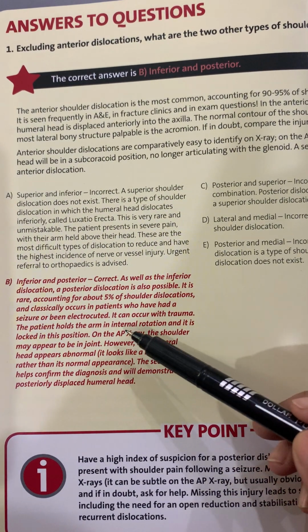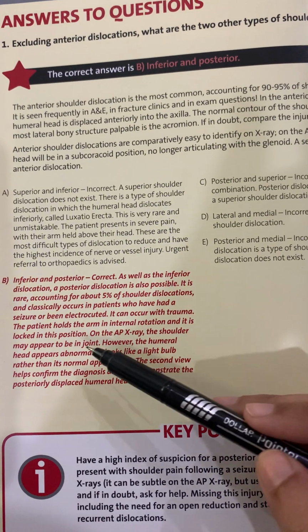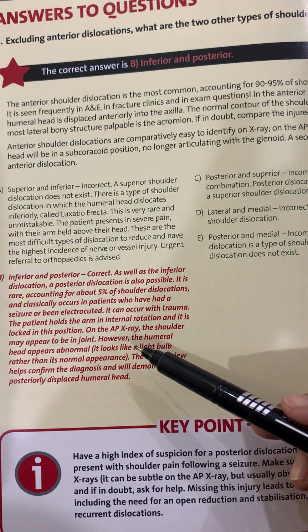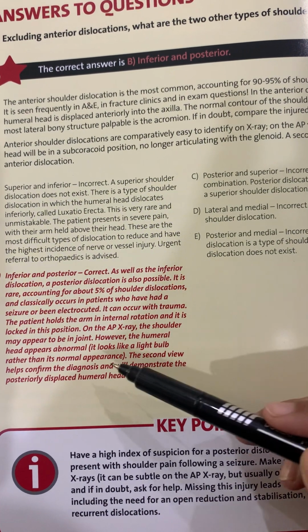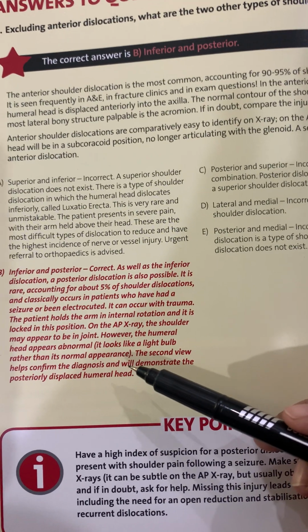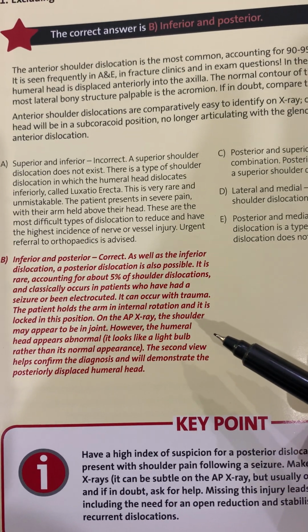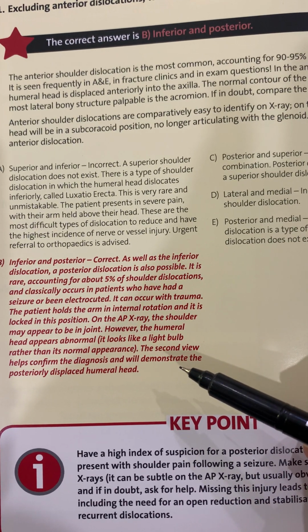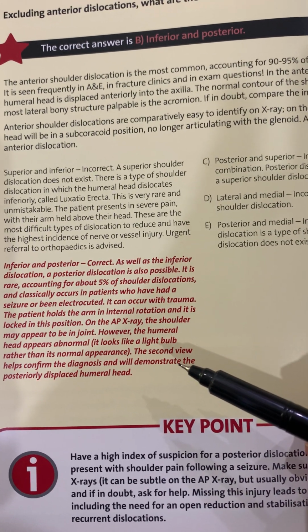The patient holds the arm in internal rotation and is locked in this position. On the AP X-ray, the shoulder may appear to be in the joint. However, the humeral head appears abnormal. It looks like a light bulb rather than its normal appearance. The second view helps confirm the diagnosis, and it will demonstrate the posteriorly displaced humeral head.